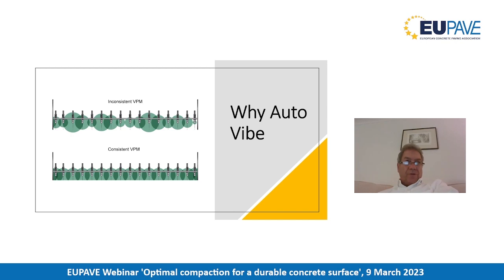If we introduce the Auto-Vib 3 system, it will show you a consistent area of influence on each vibrator as shown in the bottom line.